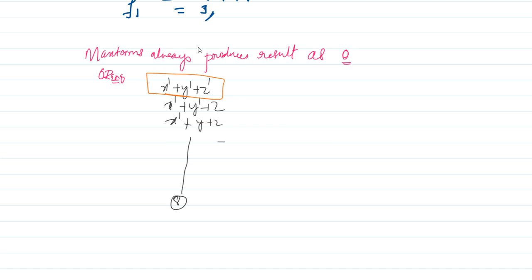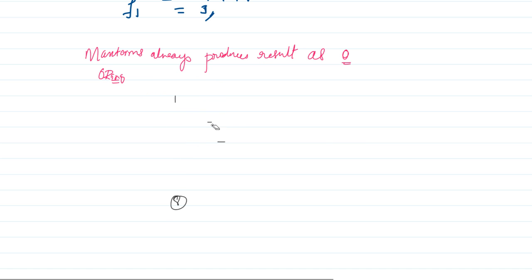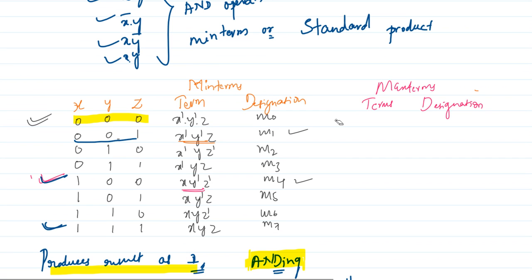This is the max term, and one more thing to remember is that a max term always produces the result 0. You will understand how it produces 0 from the table we have already written. Now consider the first combination, 0 0 0. Wherever zeros are there, you just write x; y is also 0, so plus y; z is also 0, plus z.